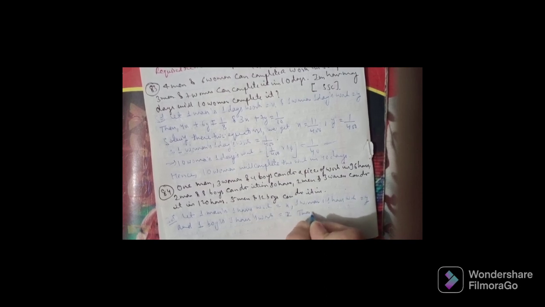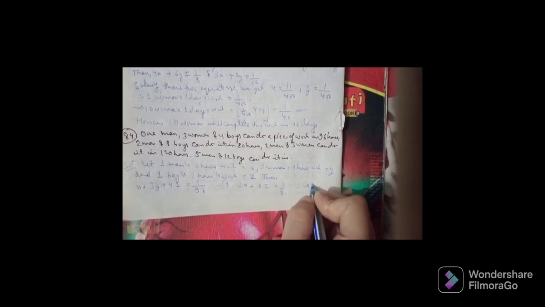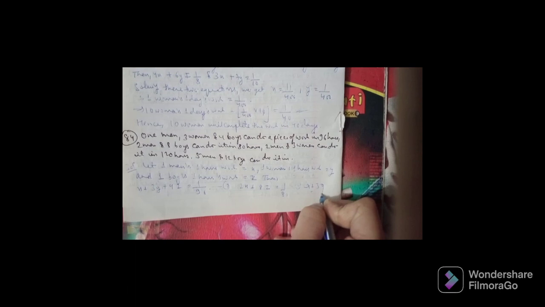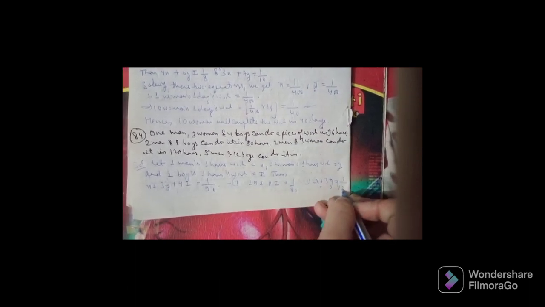Then x plus 3y plus 4z equals 1 upon 96. 2x plus 8z equals 1 upon 80. And 2x plus 3y equals 1 upon 120.